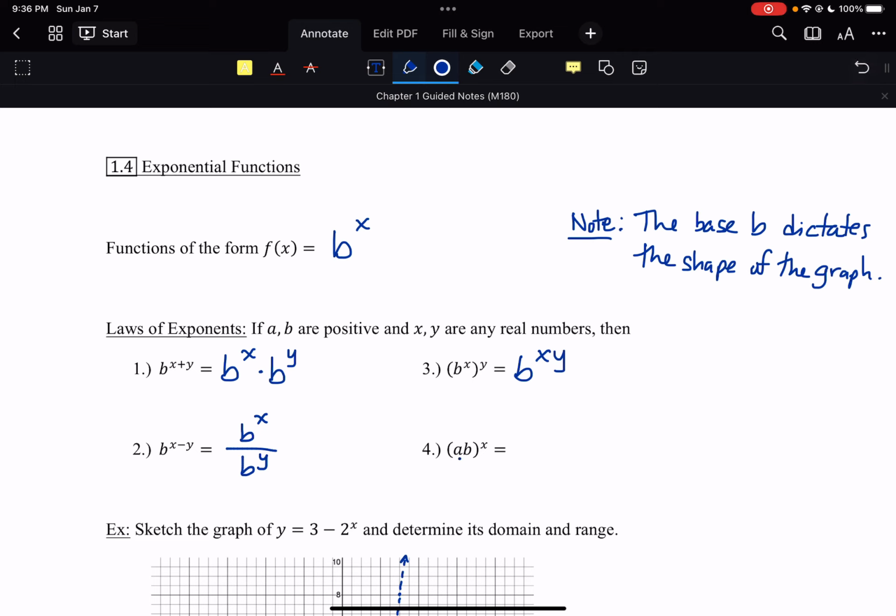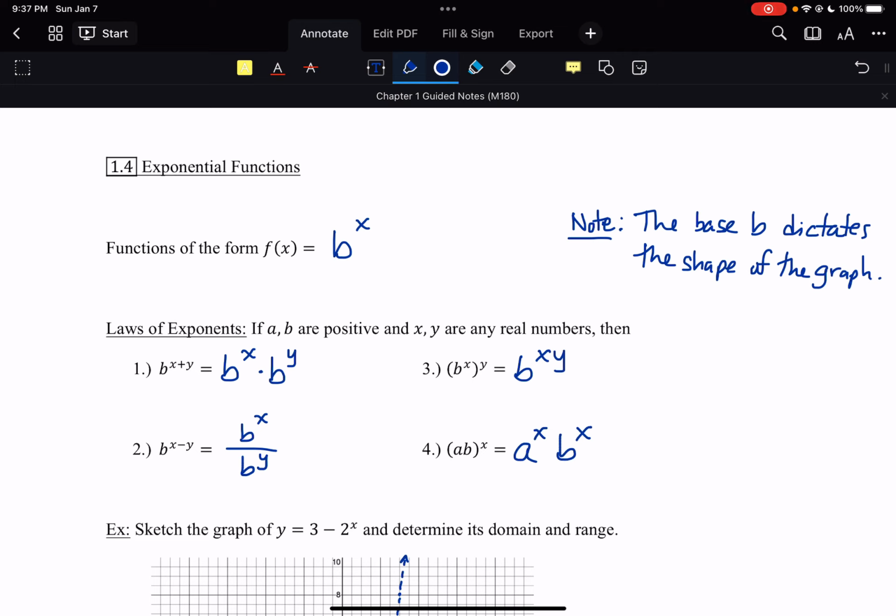And then lastly, if you have two bases multiplied, both raised to the same power, you can distribute that power to both. So we would get a to the x times b to the x. These laws can really help us in solving algebraic problems with exponents, regardless of what the base is.